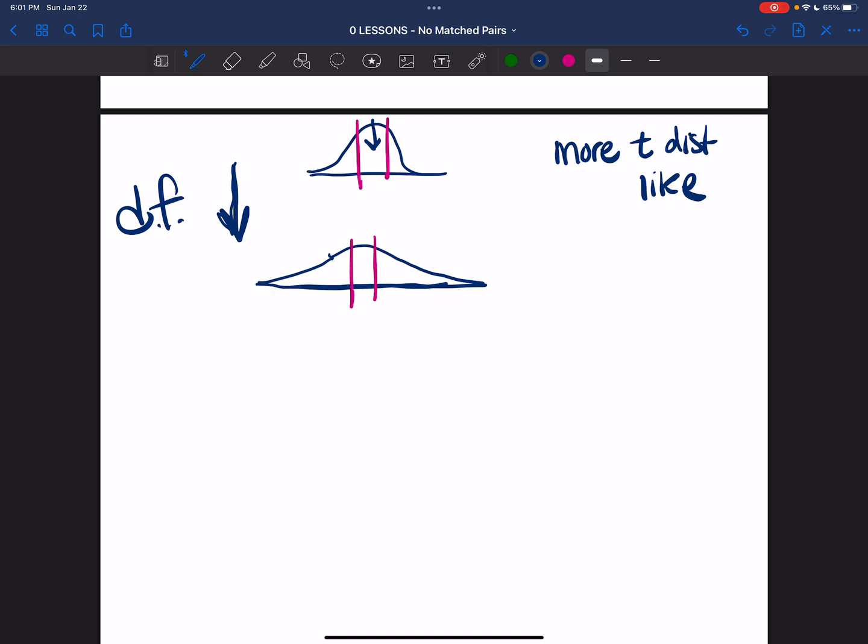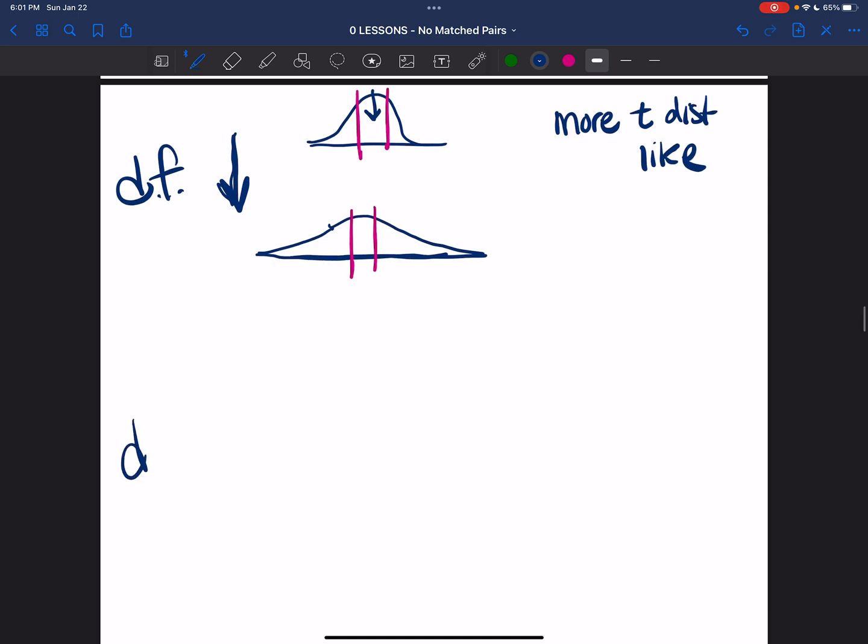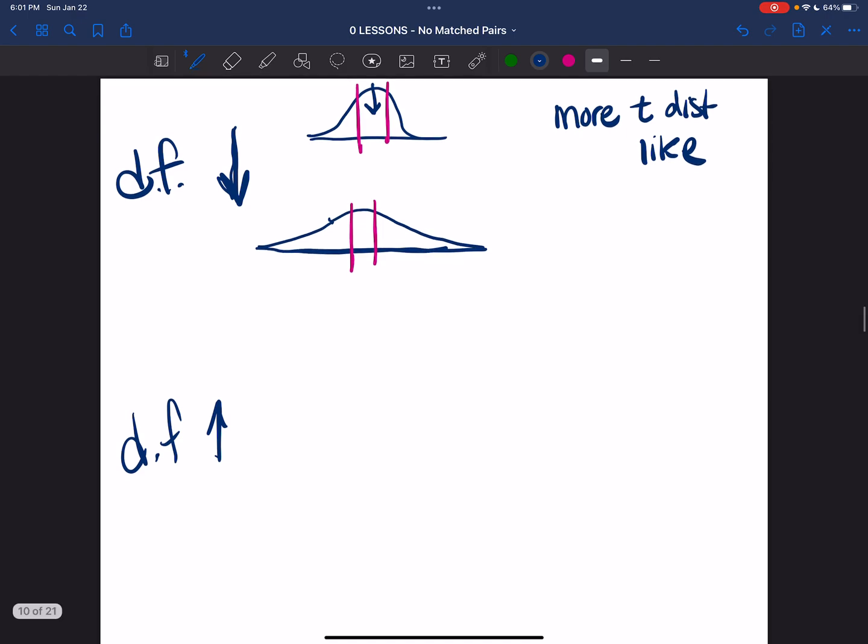Versus if you have a high degree of freedom, think about that as you have some curve, whatever it was before. Okay, maybe there's the original one. And what you're going to do with that curve is take it and pull it up, because you only have the same amount of area.